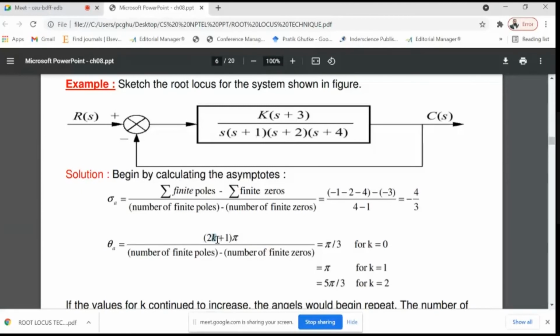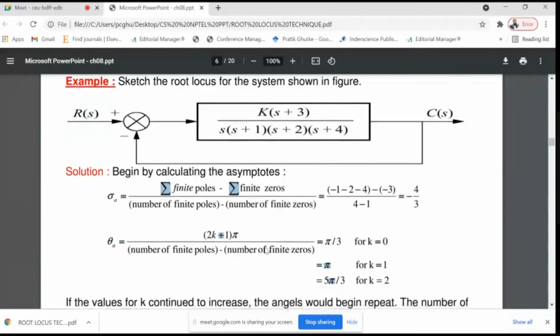For theta 1, always keep the value of k as 0 for any calculation. And then for theta 2, keep the value of k equals to 1. So 2 into 1, 2. 2 plus 1, 3. 3 pi by 3 means pi only. So 180. My second angle, theta 2, would be 180.